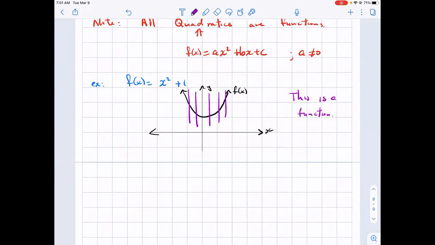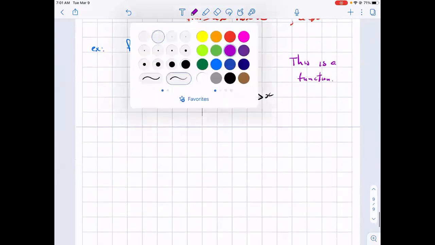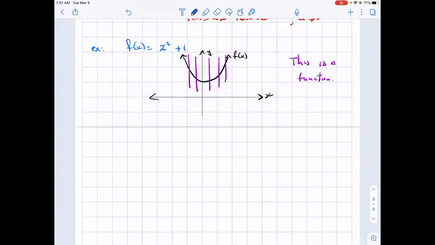So in addition to this, if we move on, functions can be written, or if you don't want to say write, we can say expressed, in different ways.